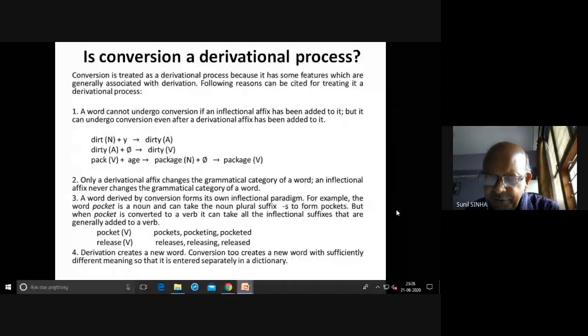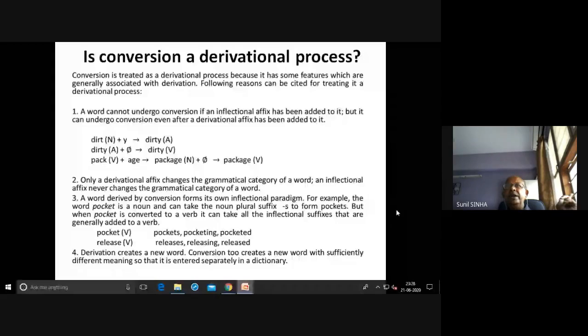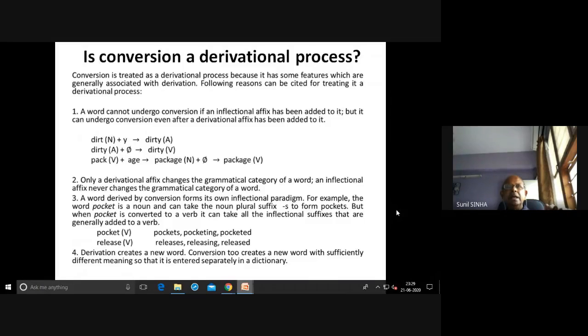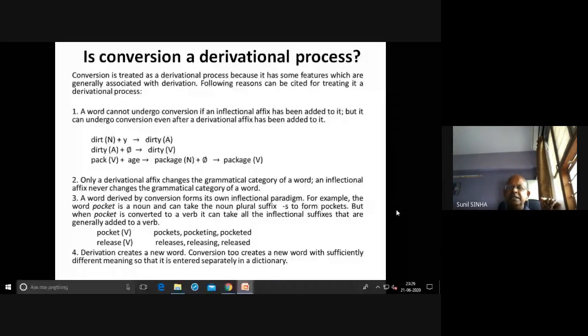Now look here. What is derivation? If you remember the difference between inflectional morpheme and derivational morpheme, then one difference was that inflectional morpheme does not change the class of a word. For example, if I add ed, this is an inflectional morpheme.